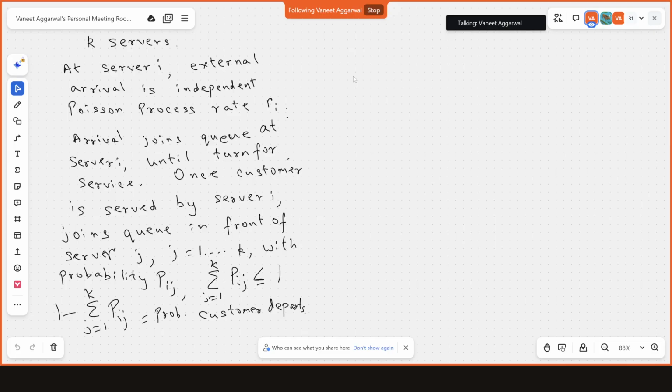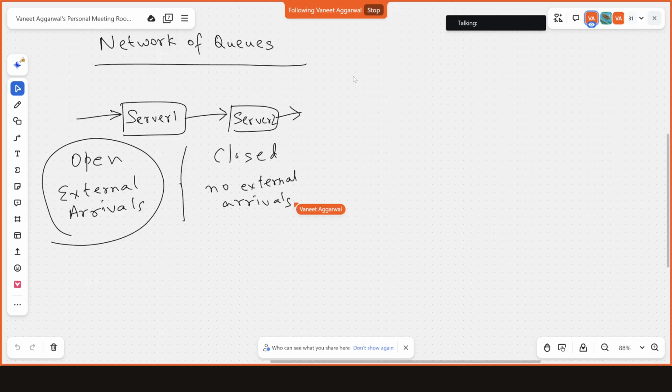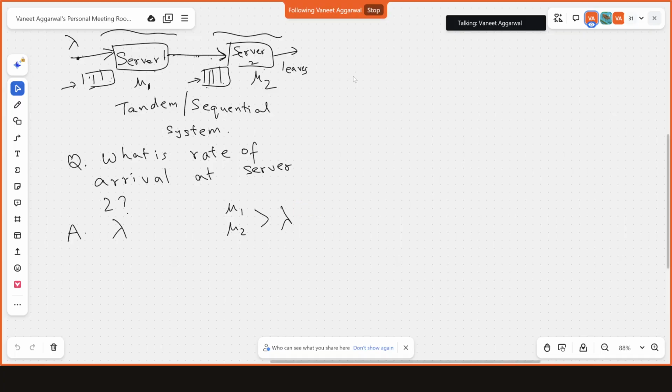So that is how these open systems are useful in practice, and the analysis is not very hard. The hardest thing that we learned pretty much was that in this network of queues, the arrival rate at the second server is lambda and it is not dependent on mu as long as the system is stable.